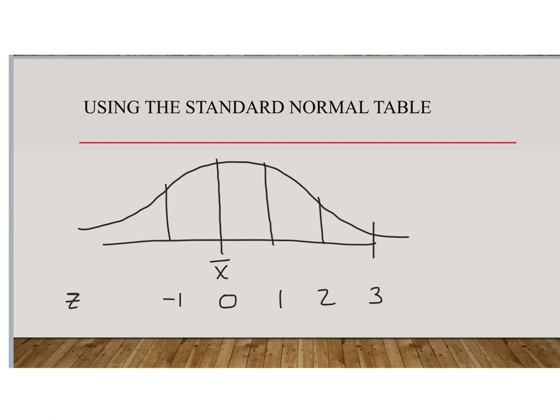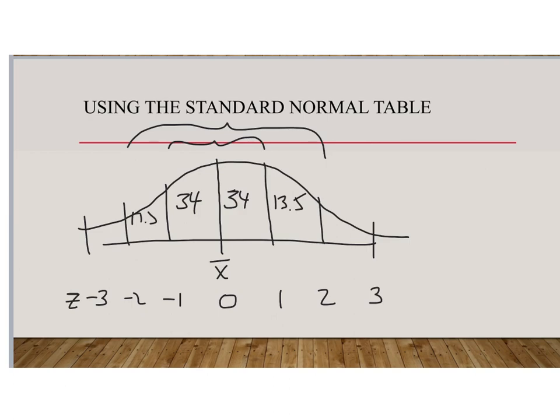This would be -1, -2, and -3. And then our memorized percentages, there'd be 68% in this range, so 34% on each side. And then we extend it to 95%, which is another 13.5 on each side. And then we extend it to 99, which is another 2%. And we have 0.5% on each side.